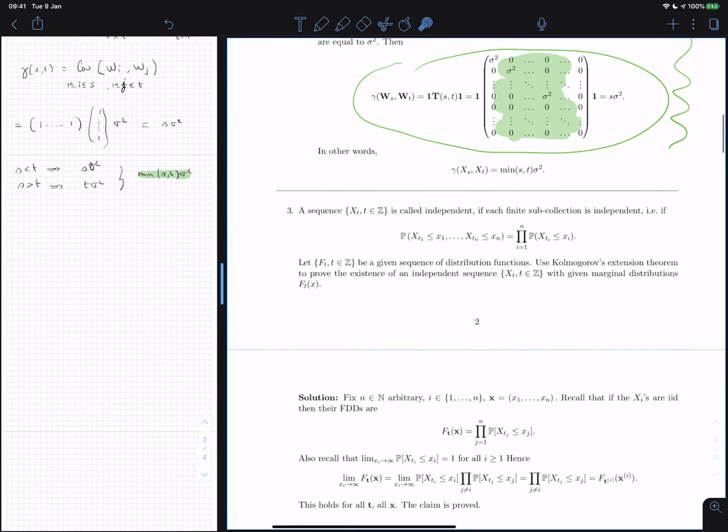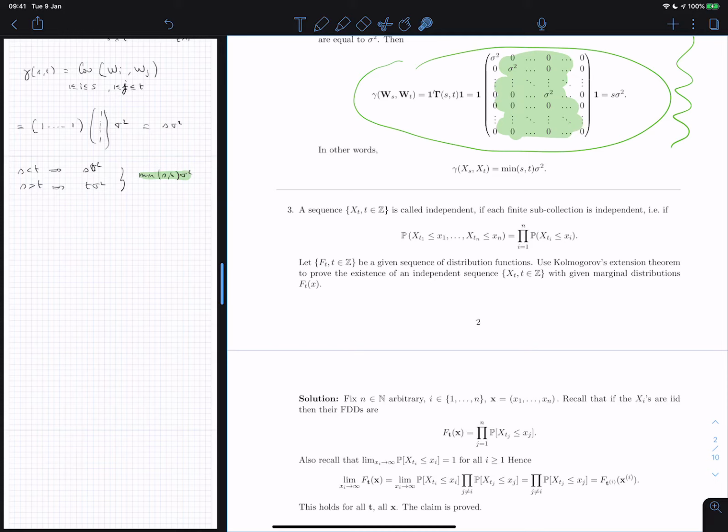So we have an independent sequence of random variables. It means that all the sub-collections have a joint distribution which factorizes into the product of the marginal distributions.